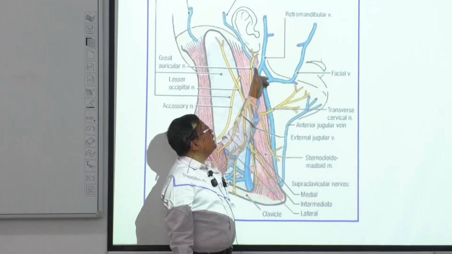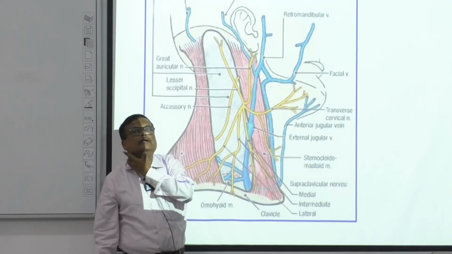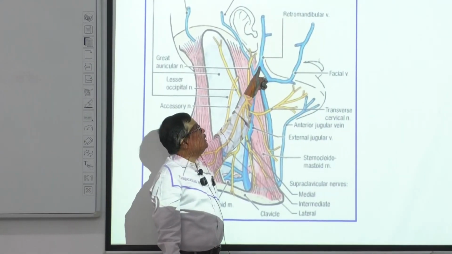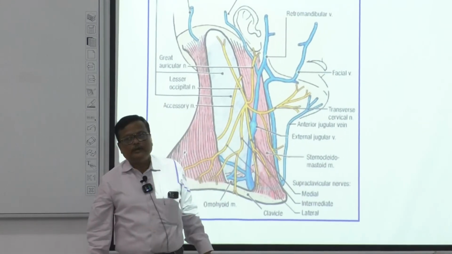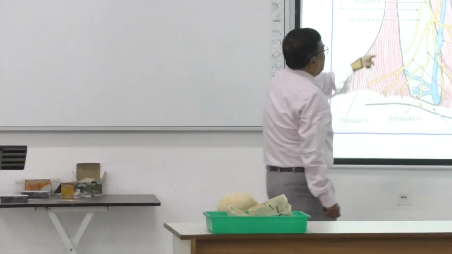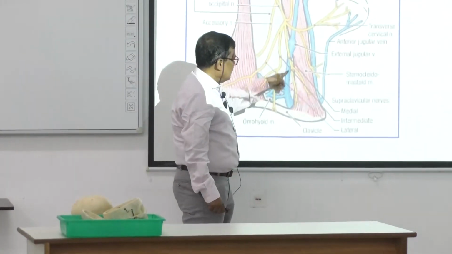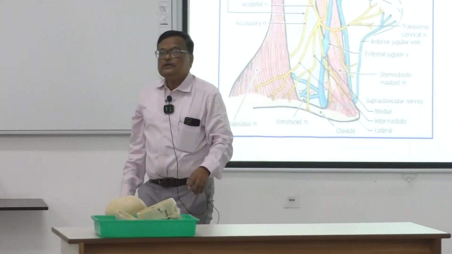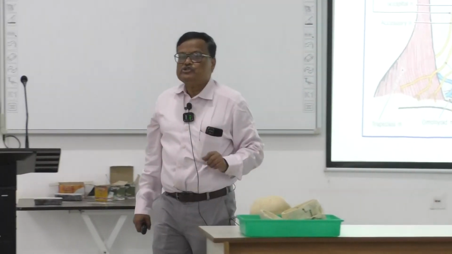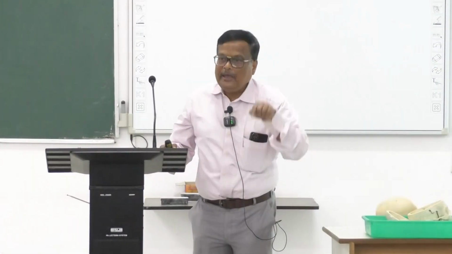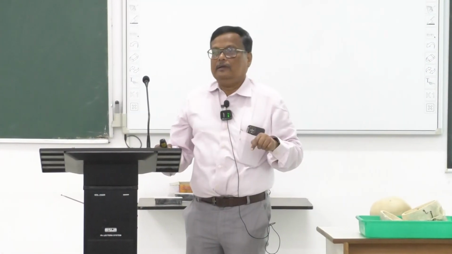External jugular vein is formed near the angle of the mandible, at this place, by joining the posterior auricular vein and the posterior division of the retromandibular vein. Details will come, don't worry about it. Then ultimately it goes down and here it pierces the deep fascia. It is a superficial vein, so it lies in the superficial plane, but it drains to the subclavian vein.